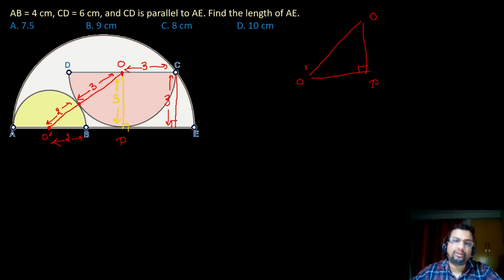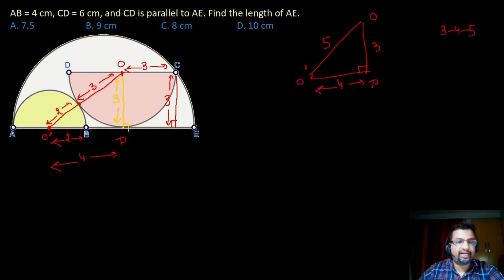This side is given to us as 3 plus 2, which is 5. This perpendicular is given to us as 3. So 5, 4, 3. We know the triplet 3, 4, 5. The base must be 4 using the Pythagoras theorem: 5 square minus 3 square, and the square root, base is 4. So from here to here, the length we have got is 4.